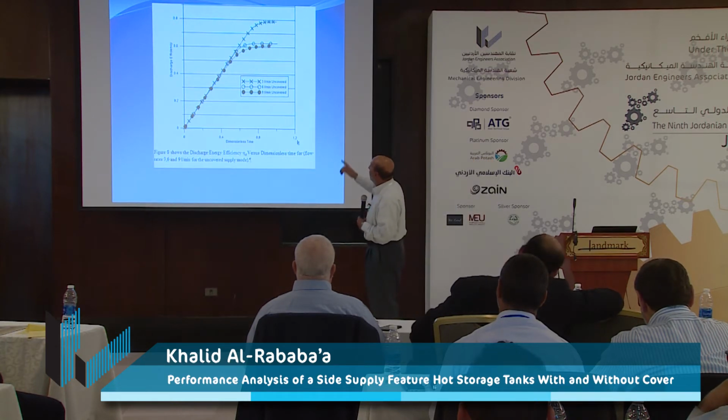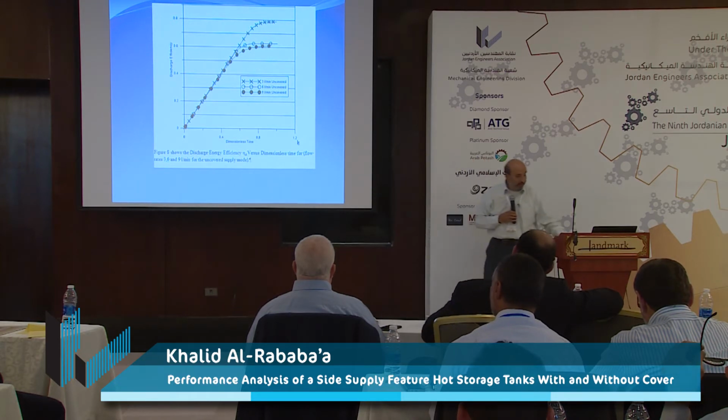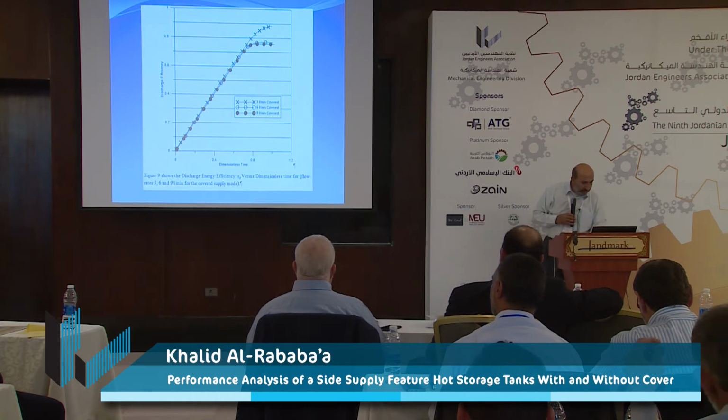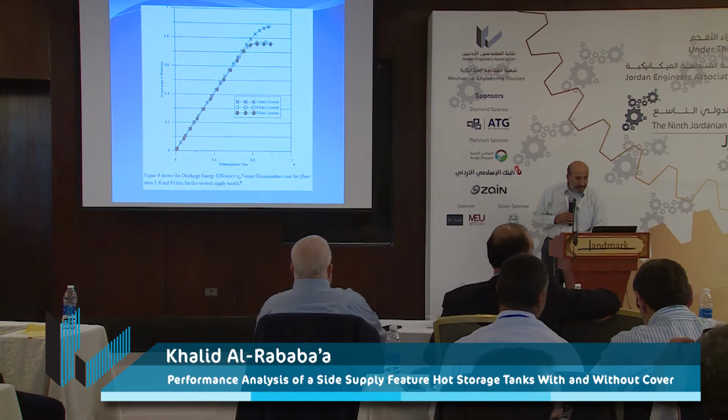Discharge efficiency, the best is for the low flow rate. And as advice, you should always try to use low flow rates or use specially designed hot storage tanks which have a certain distributing inlet for the cold water.